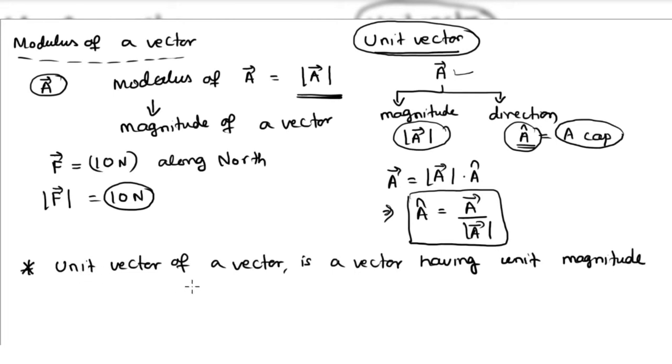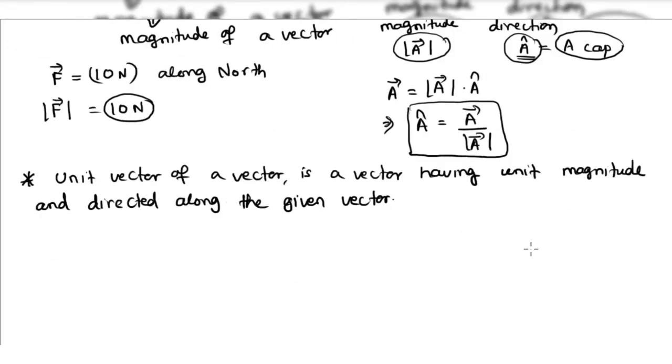So unit vector of a vector is a vector having unit magnitude and directed along the given vector. It means suppose we are finding the unit vector of A. So A cap is the unit vector of A.